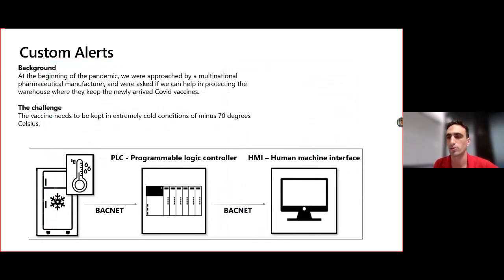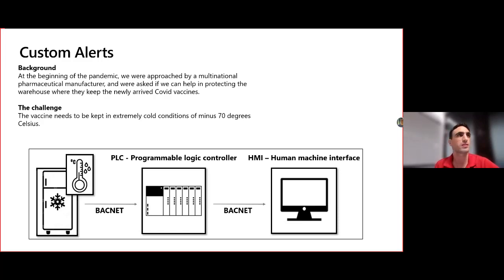Another powerful and important use of the deep packet inspection is creating custom alerts. I'll give an interesting example, relevant and actual from the pandemic. At the beginning of the pandemic, we were approached by one of our customers, a large multinational pharmaceutical manufacturer, and we were asked to help in protecting their COVID vaccine storage.